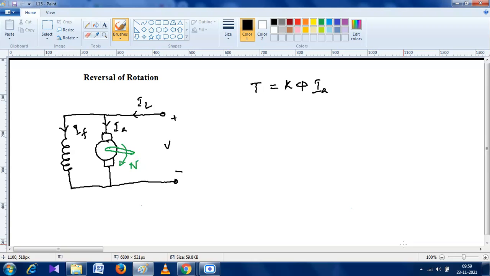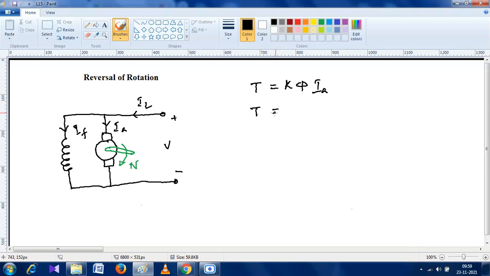So if we reverse the direction of the torque, then the rotation will also be reversed. That means if we create the reverse torque than the previous one, then we can change the rotation of a DC motor.